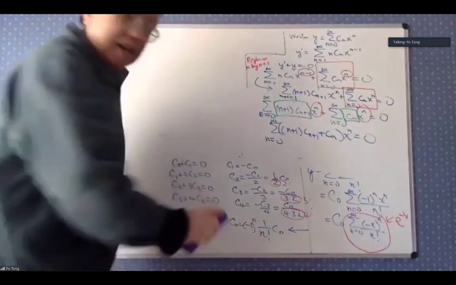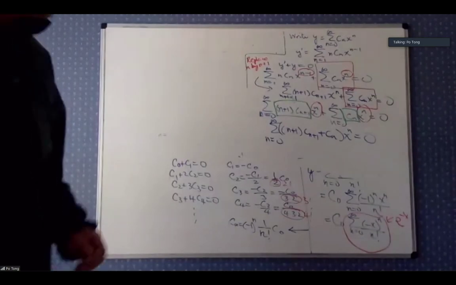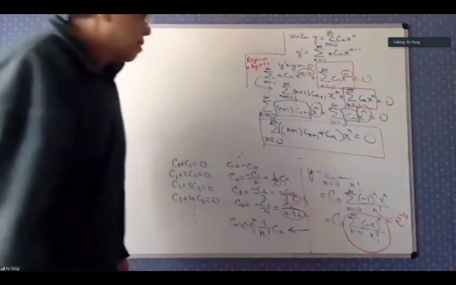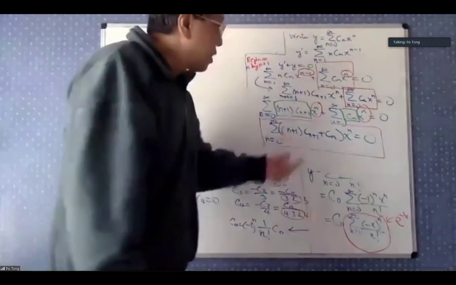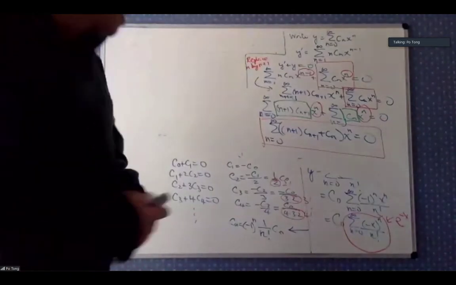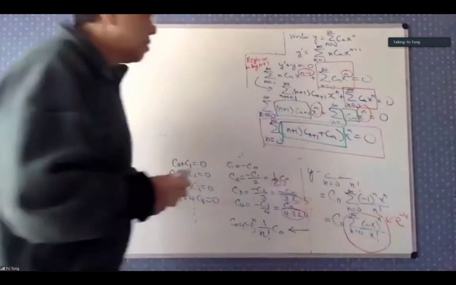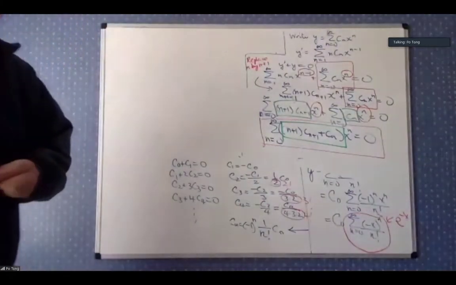Now here I have a polynomial of infinite degree and it's equal to 0. So all the coefficients have to be 0. So this is the coefficient. All the coefficients are going to be 0.